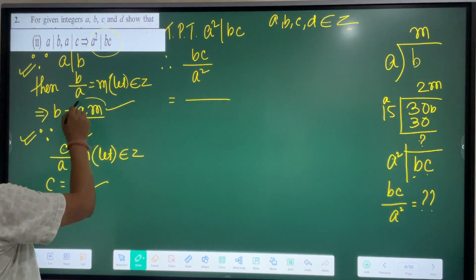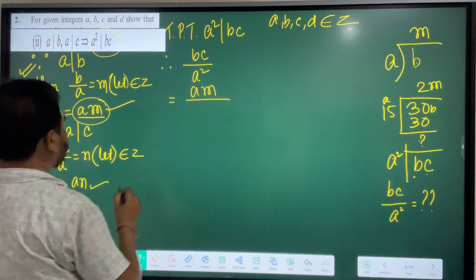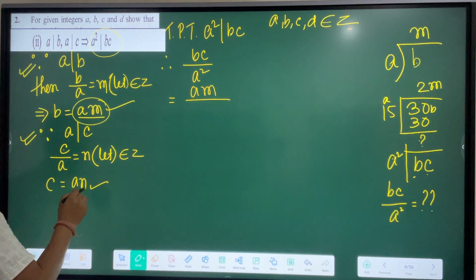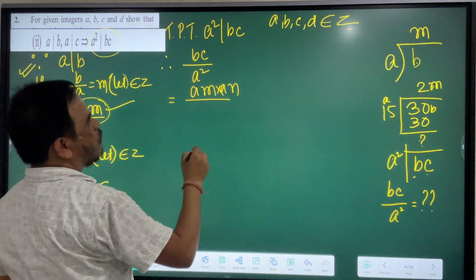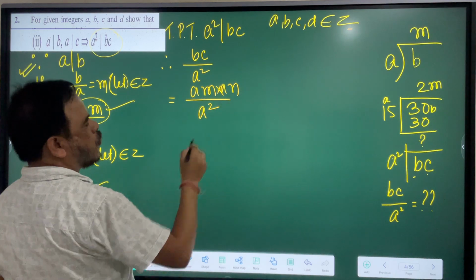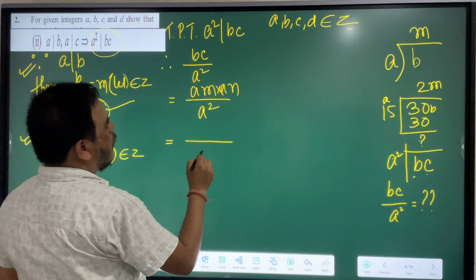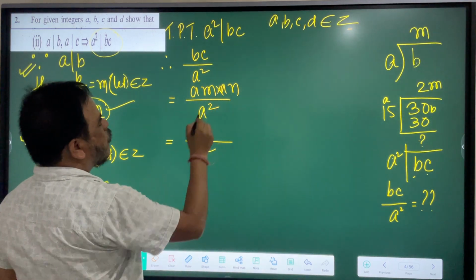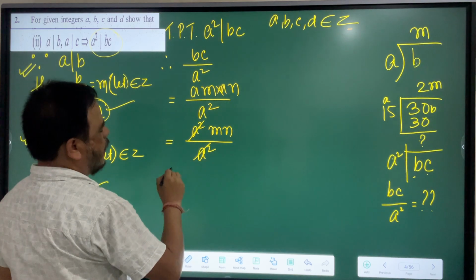b equals am, so in place of b, am is written. c equals an, in place of c, an is written. You can put the multiplication sign. The denominator is a square. So a into a square, m n.